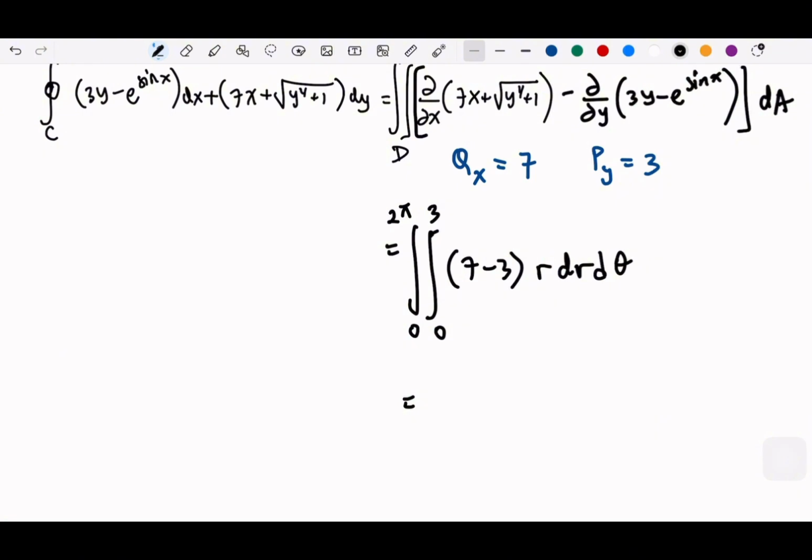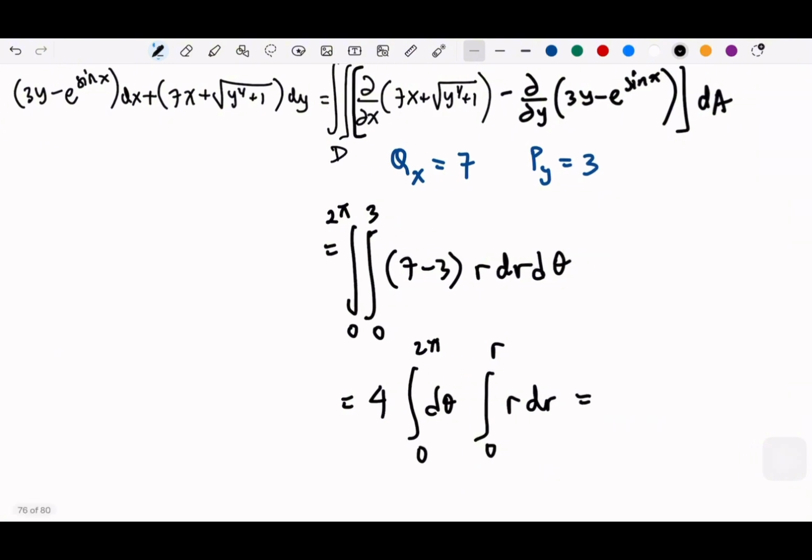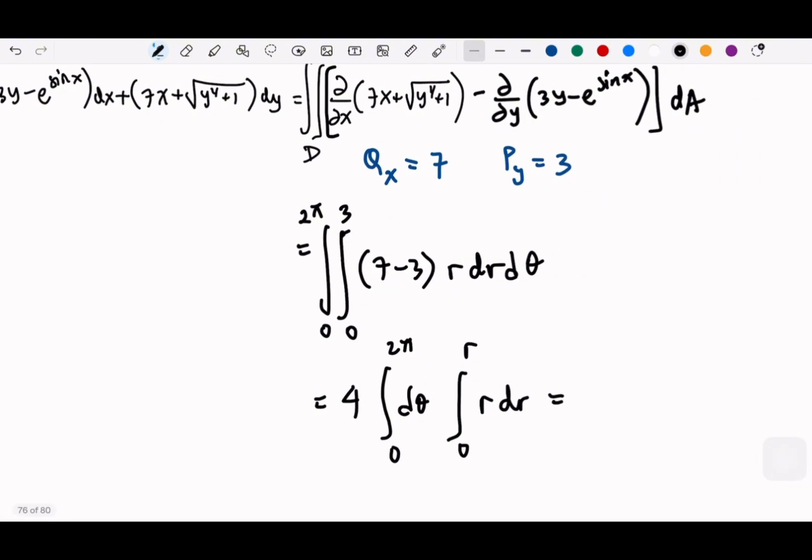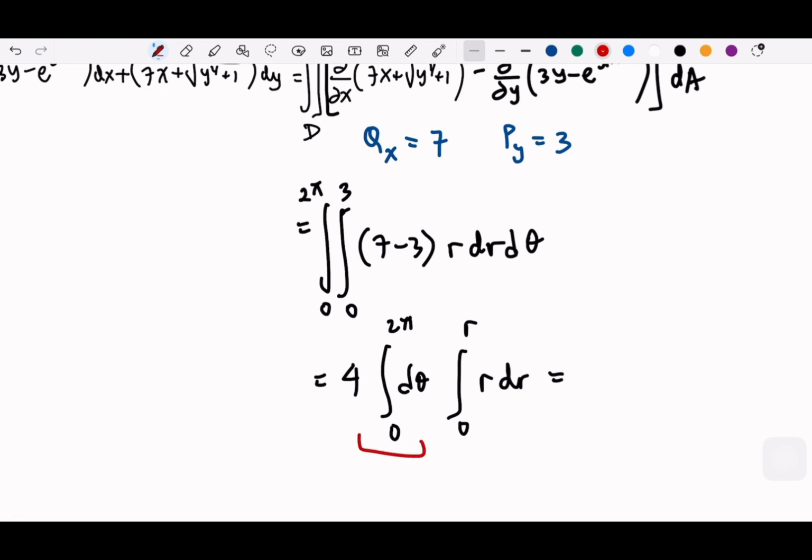The 4 can be taken outside, and then we can separate the angle and the r. So this will be the integral of d theta, and this will be the integral from 0 to 3 of r dr. So this will be 8 pi. This will be half r squared.